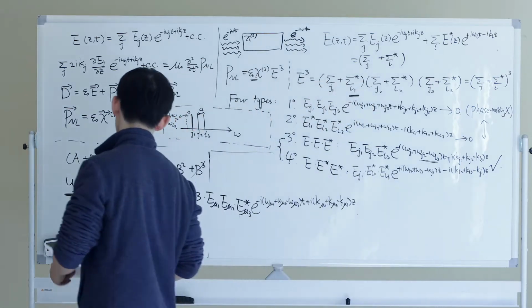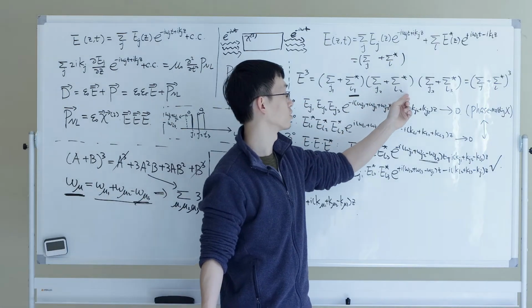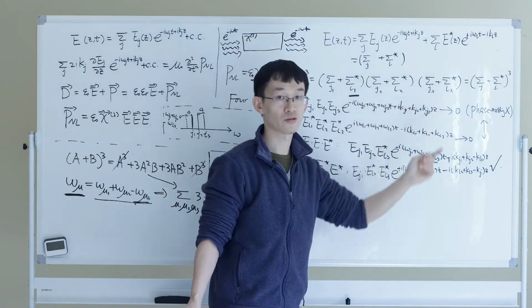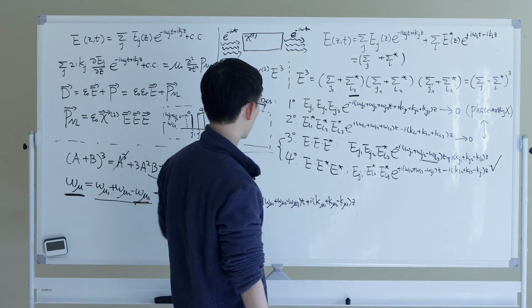You might think, but we previously labeled everything J1, J2, J3, L1, L2, L3. Think about this: you can write these terms three ways.